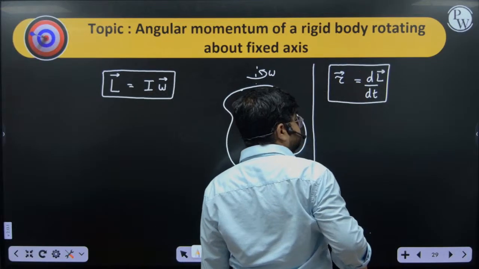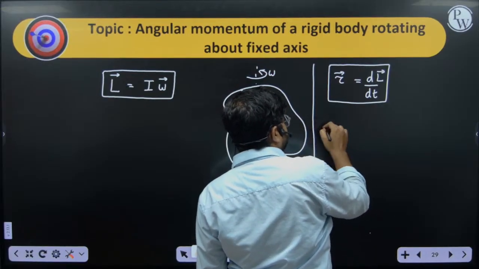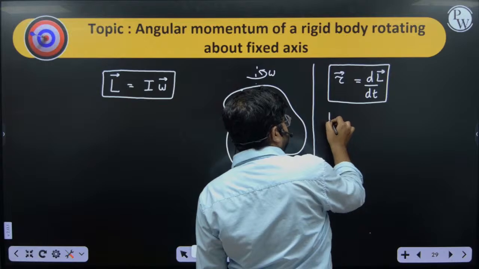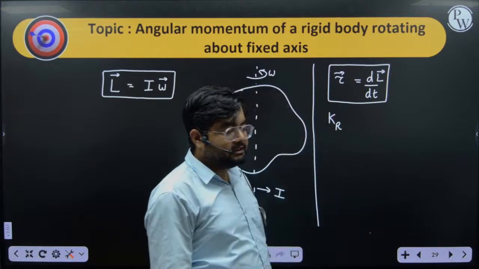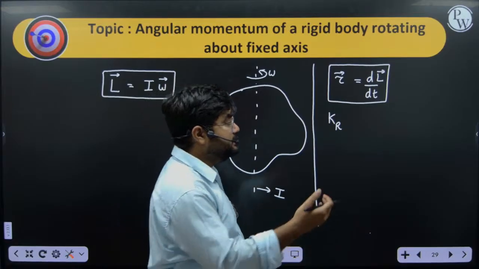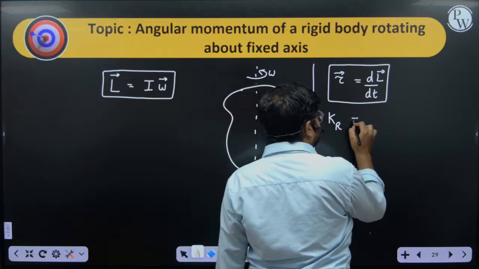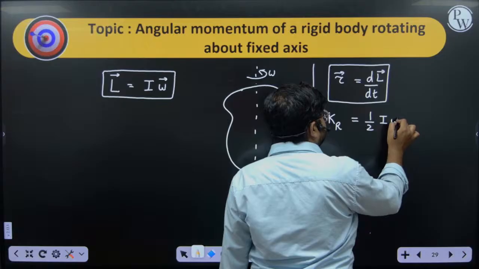What else? There is something known as rotational kinetic energy. Translational kinetic energy, I'm sure you are aware of, is half mv square. This is rotational kinetic energy, half I omega square.